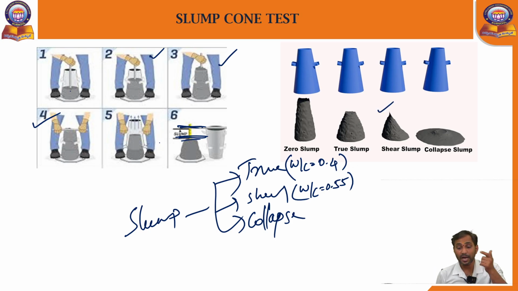If you have taken a water cement ratio of 0.6, that is, the quantity of water is increased, then the concrete will collapse like this. So when the quantity of water is more, the slump value, the slump range, will change. Okay, done.